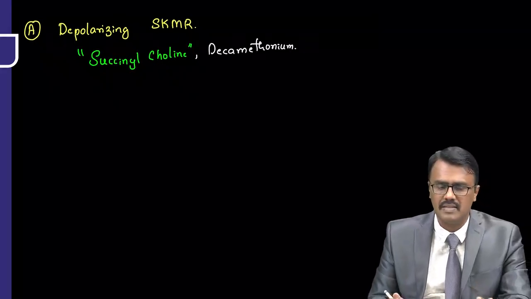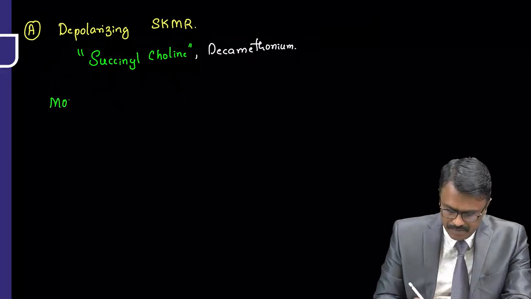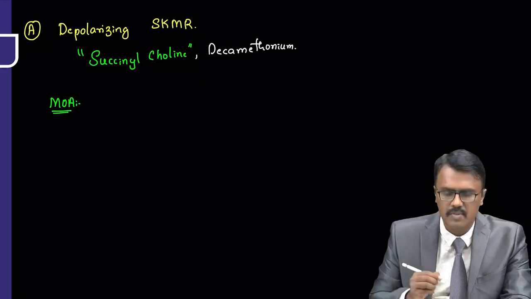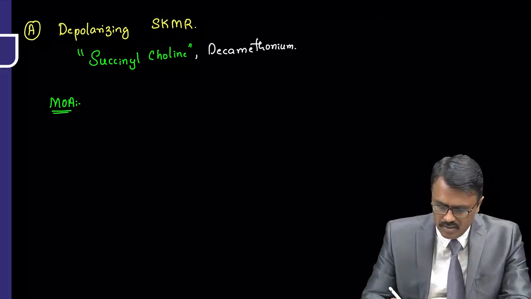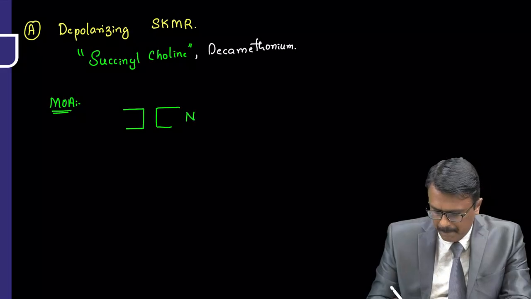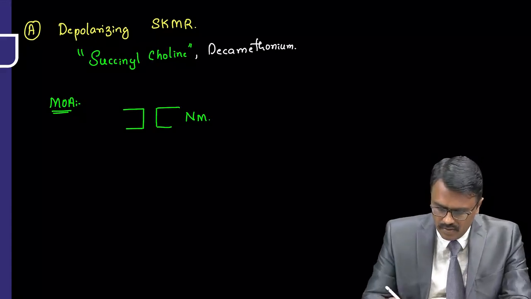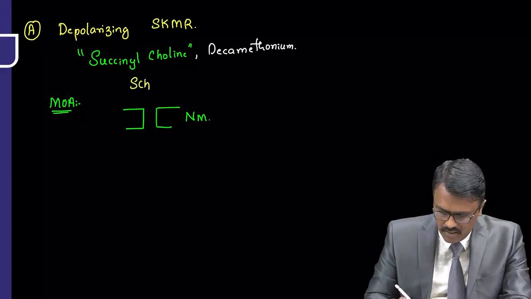Okay. Sir, what should I remember? Mainly remember succinylcholine. Now, what is the mechanism of action? How does it work? I have told you already. Let me explain that. Now, this is the receptor, and we know that the receptor is NM. So NM is an ion channel receptor. So whenever the succinylcholine comes and sits on the receptor, now who will enter?